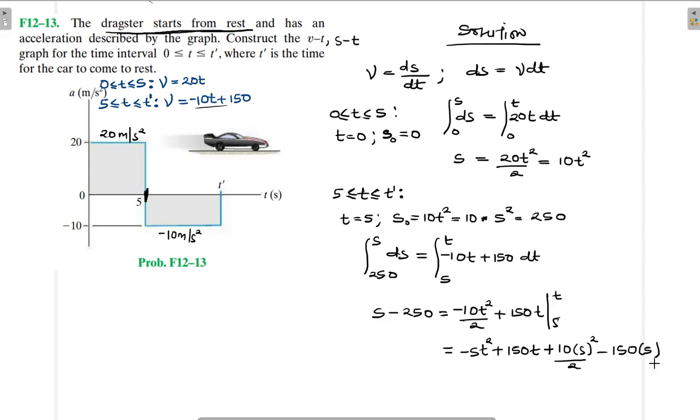So this becomes equal to 10 by 5 squared divided by 2 minus 150 by 5 plus 250.